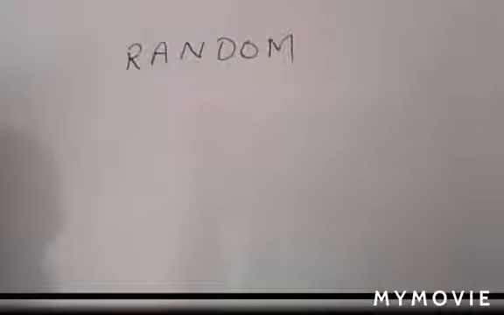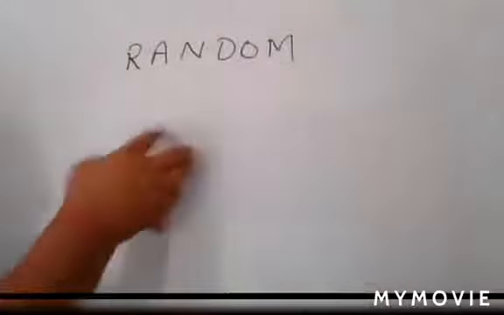So what do you mean by the rank here? In the previous question, you found the 50th word, but here you have to find the rank of the word which is given, random.